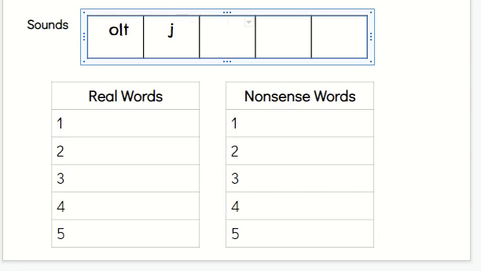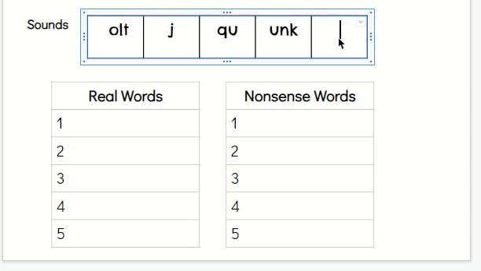Number 3, the next sound is qua. What says qua? Repeat it. Qua. Q says qua. Number 4, unk. Repeat it. Unk. And then write the letters that make the unk sound.